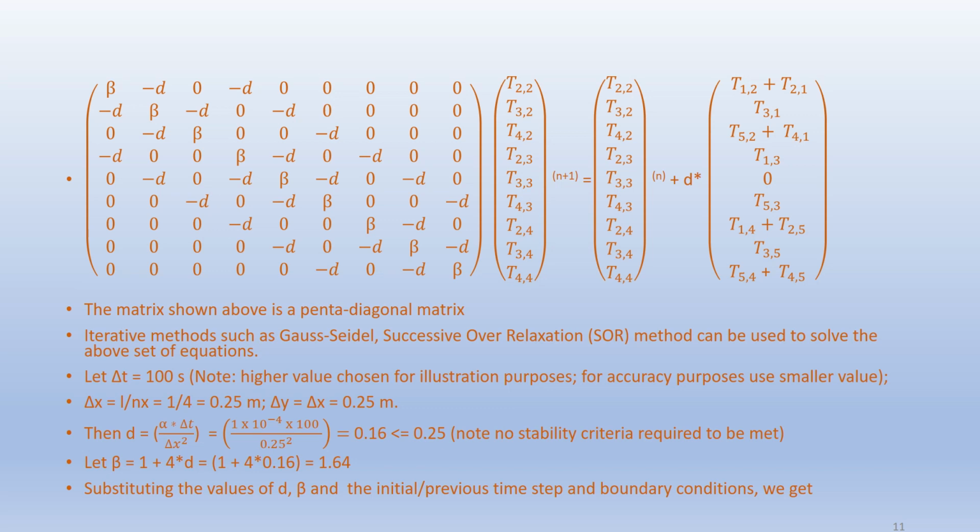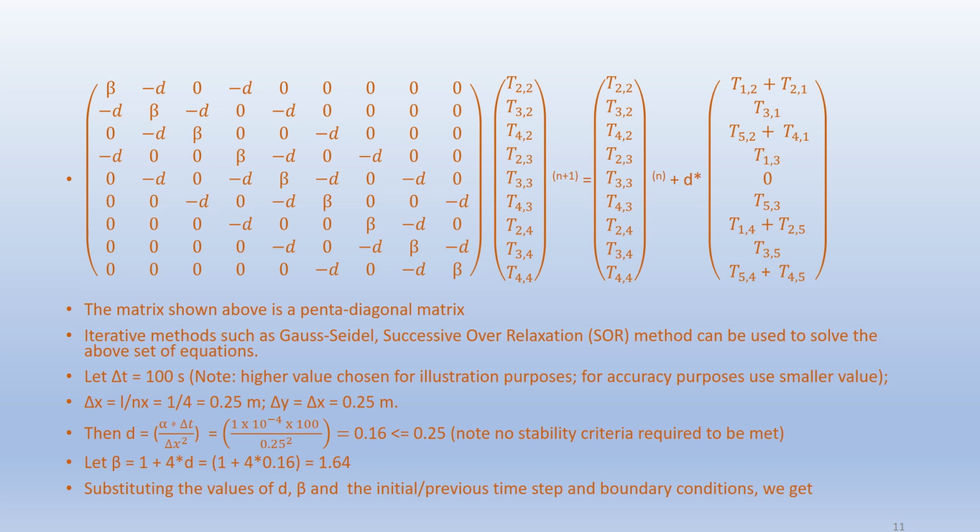Please note that the stability criterion need not be met for the diffusion number, since the method we are using is an implicit method. Let beta equal 1 plus 4d, which is equal to 1 plus 4 times 0.16, which equals 1.64.